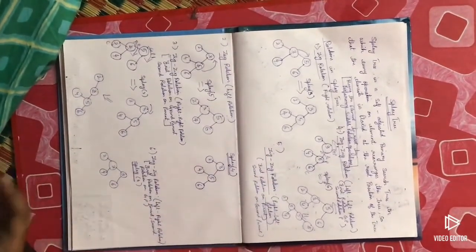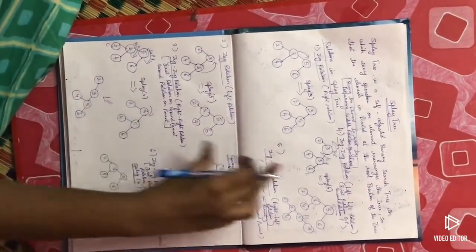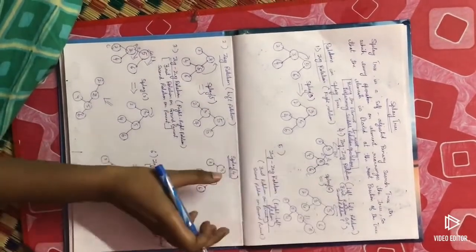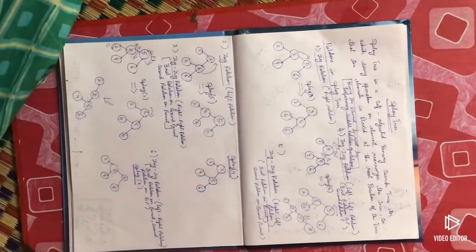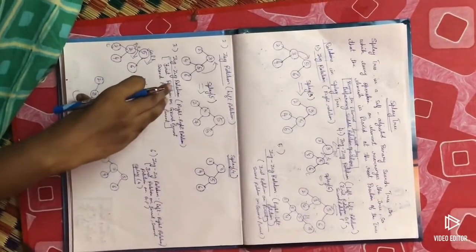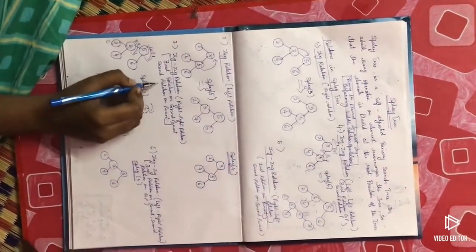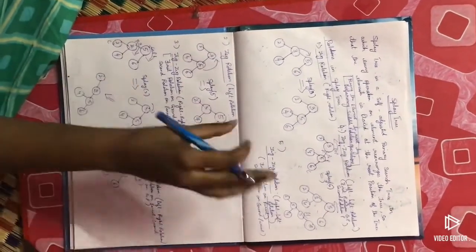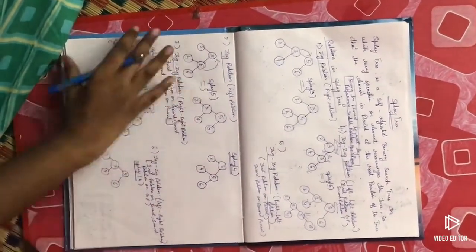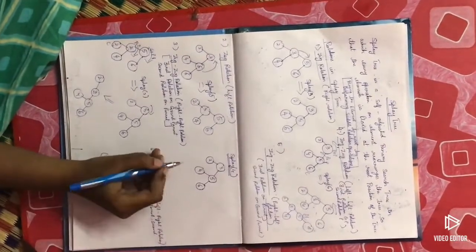So here there is a main difference between zigzag and zag-zag. The similarity between zig-zig and zag-zag is first we need to rotate the grandparent, then we need to rotate the parent. So you keep this first in mind. Now you forget this, you go to the zigzag rotation.